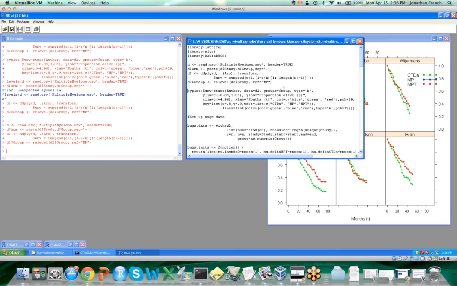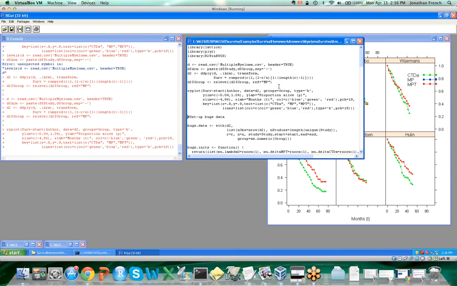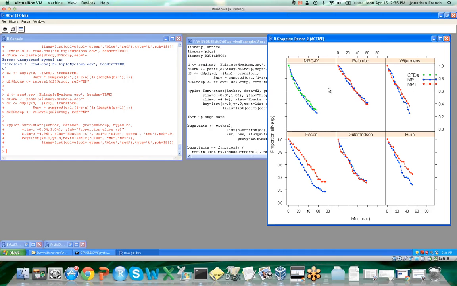Then we'll plot that using similar colors to what we had before, but now we'll use green to denote the CTDA group. And here's that 6th study, the MRC9 study that compared MP to CTDA, and we can see in this particular study there's really no difference between those 2 treatment arms.